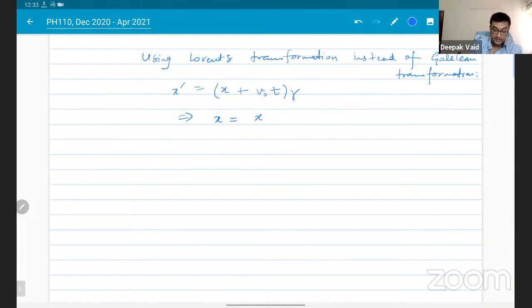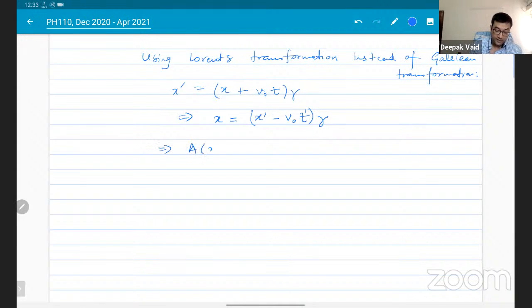What is x? x is equal to x prime minus v naught t prime, divided by gamma. This is the inverse Lorentz transformation.